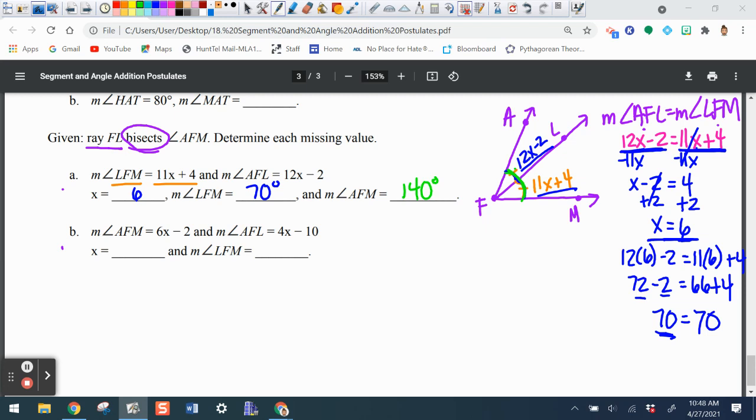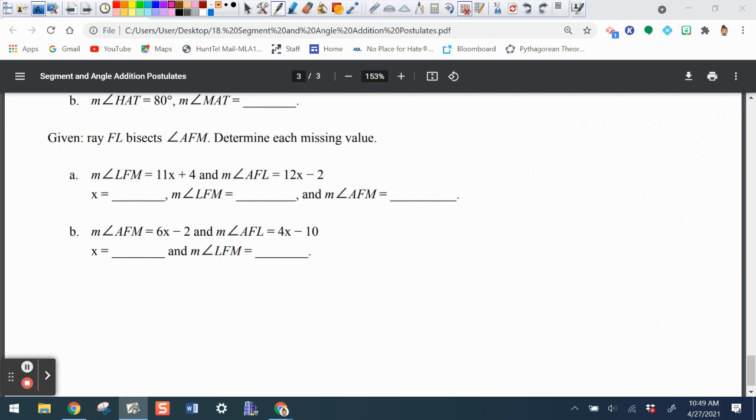Last but not least, item B. Again, same diagram. Again, we're going to draw L so that it at least looks like FL would bisect these two into two congruent angles.